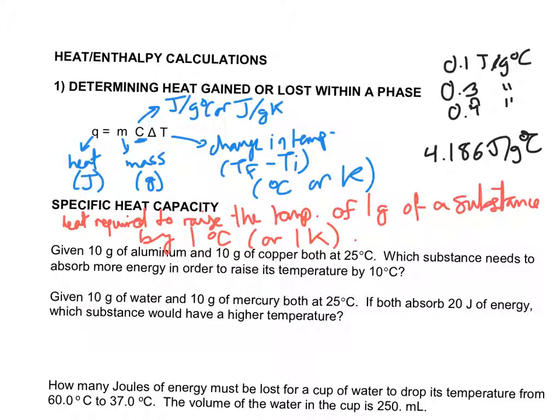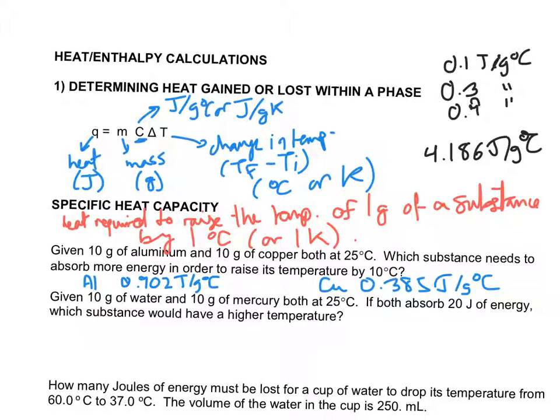In order to do that, we have to look at the specific heat capacities of aluminum and copper. If you look up the values, I wrote them down here. They're in your tables there. Aluminum is 0.902 joules per gram Celsius. Copper is 0.385 joules per gram Celsius.